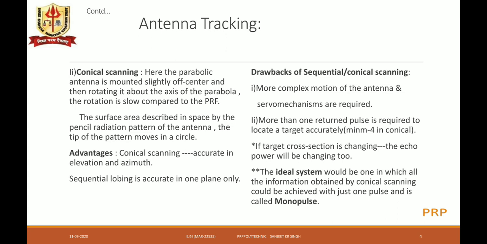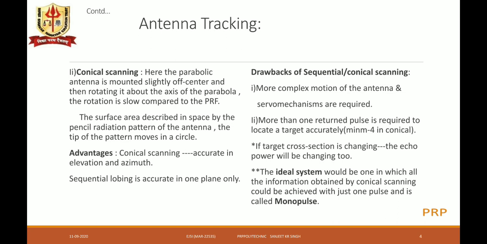So it forms a conical shape. That's why it is called conical scanning. The advantage of conical scanning is that it is accurate in elevation and azimuth. Azimuth means direction, so it is giving accurate measurement from the echo pulses.